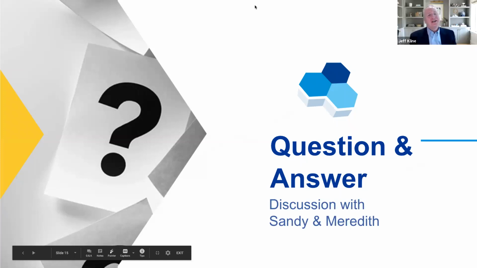Very good. But obviously, fundraising is the centerpiece to running a successful foundation. If we were to look at the amount of revenue that comes in from just general fundraising versus grants, what percentage of your overall revenue comes from grants, Meredith?